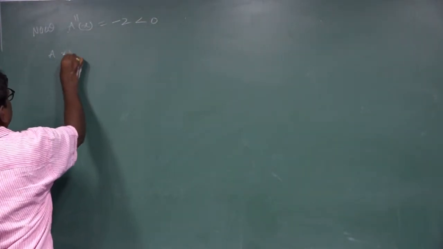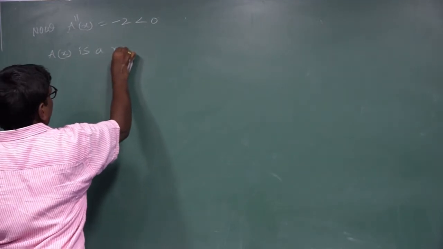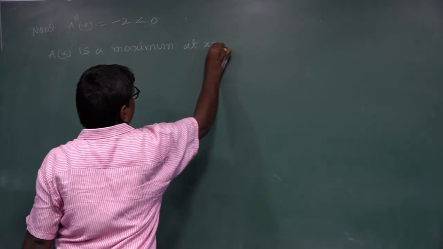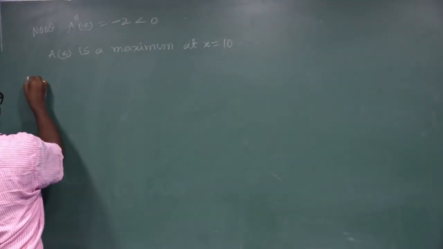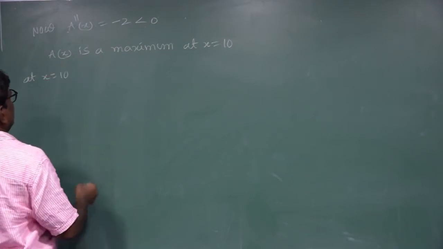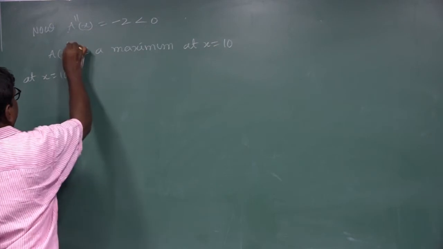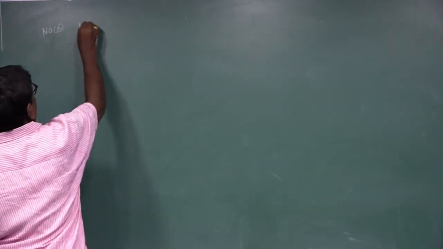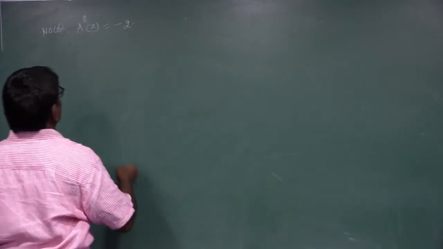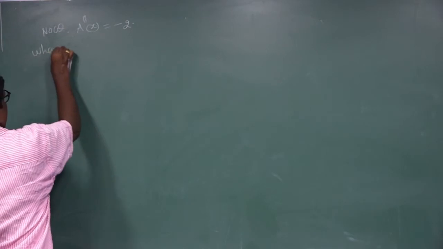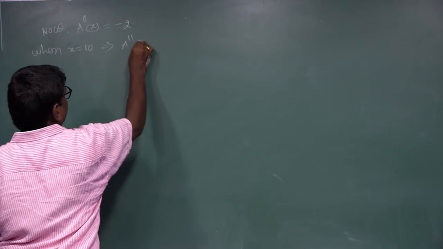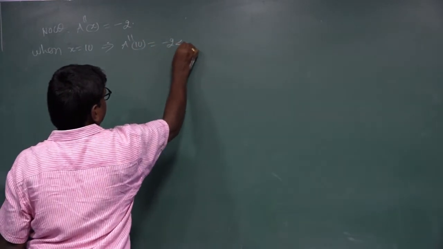A of x is a maximum at x equal to 10. At x equal to 10, A double dash is equal to minus 2, less than 0.